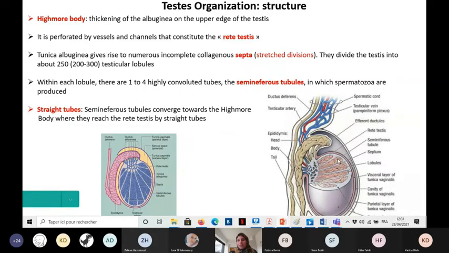We said before in chapter 1 and in chapter 3 that spermatogenesis occurs inside of those tubules.